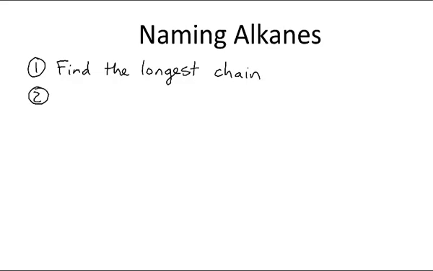So when you name molecules, the key is first you find the longest chain. Once you find the longest chain, then you're going to identify all the what we call substituents. Those are just the things that branch off of the chain.